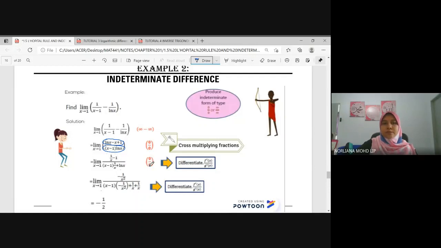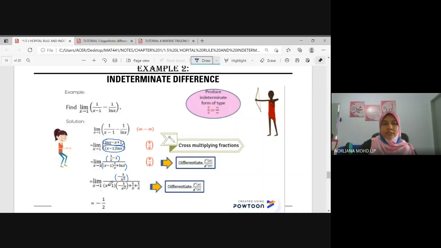Then we have to differentiate once again. You have to differentiate this one. So we get negative 1 over x squared. And we differentiate g(x) once again.